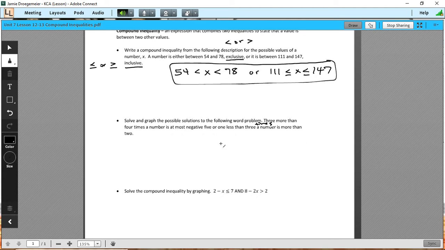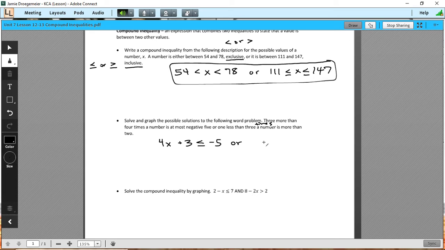First inequality: 3 more than 4 times a number. We'll use x. So 4 times a number, 3 more than that is adding 3. So 4x plus 3, that is at most, the most it can be is -5. It can be less than -5. So less than or equal to -5.